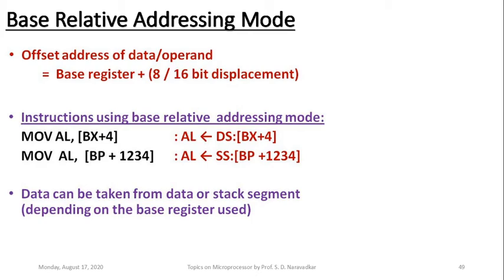If register BX is used as the base register, then that indirect offset address will be from the data segment. Whereas if base pointer is used as the base register, in that case that indirect offset address will be from that of the stack segment.